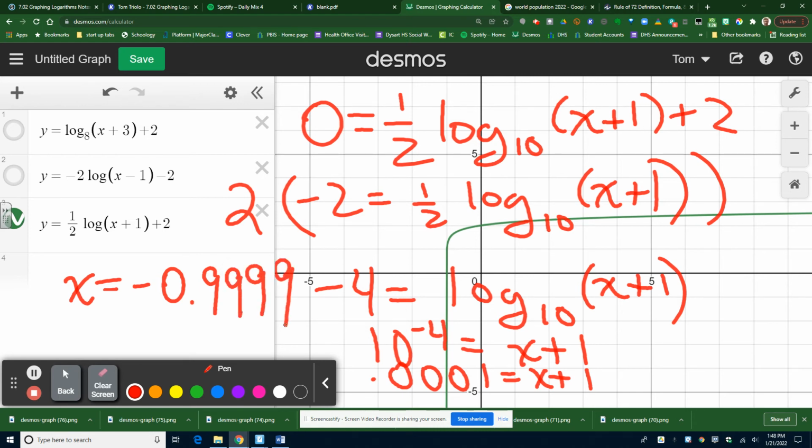But what does Desmos always round to? 3 decimal places. But if I round a 4-digit decimal to 3 decimal places, the 9 is bigger than 5. So that rounds this up, and this up, and this up, and changes the whole thing to a negative 1. Okay? You got it? Because it's going away now.